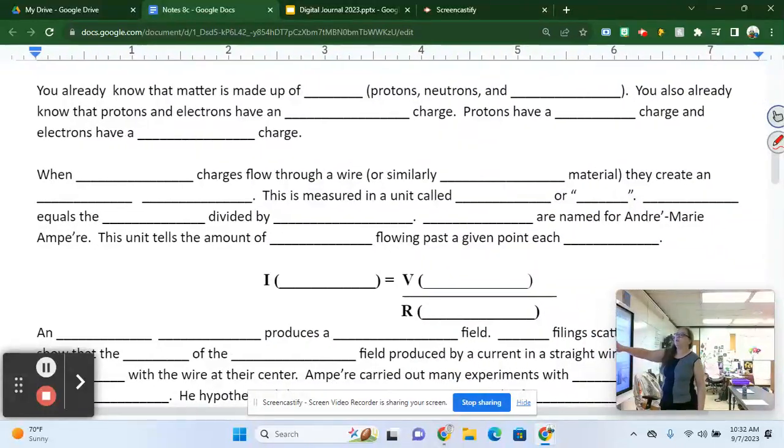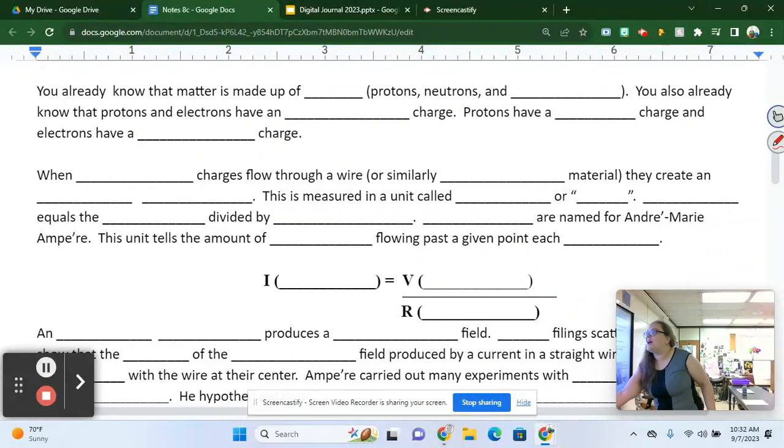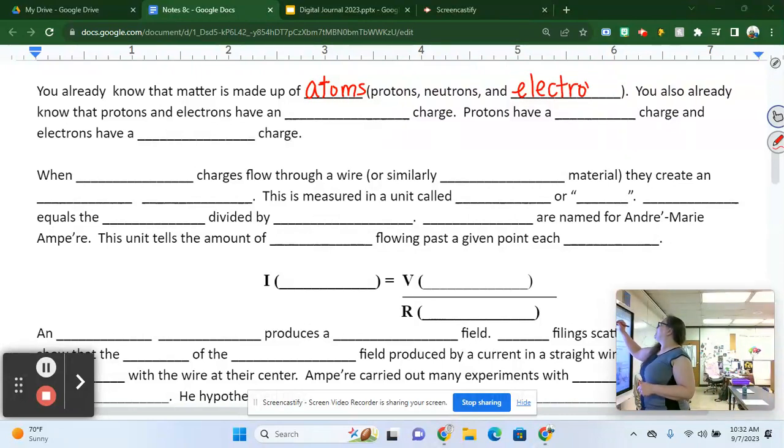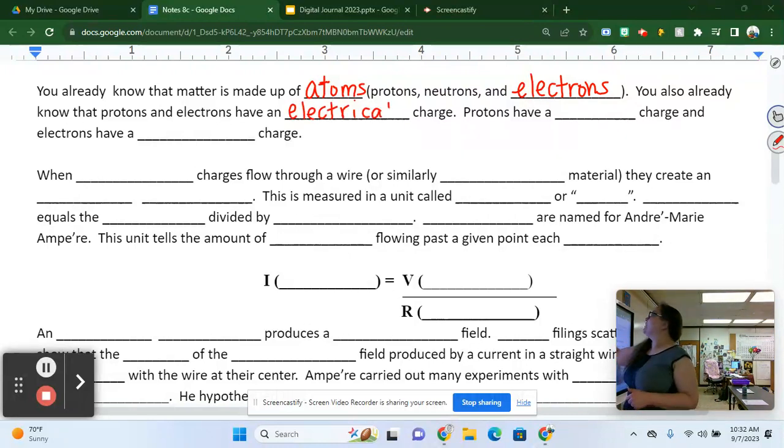All right, so you already know that matter is made up of, that's right, atoms. And atoms are made up of 3 particles: protons, neutrons, and that's right, electrons. We know that protons and electrons have an electrical charge.